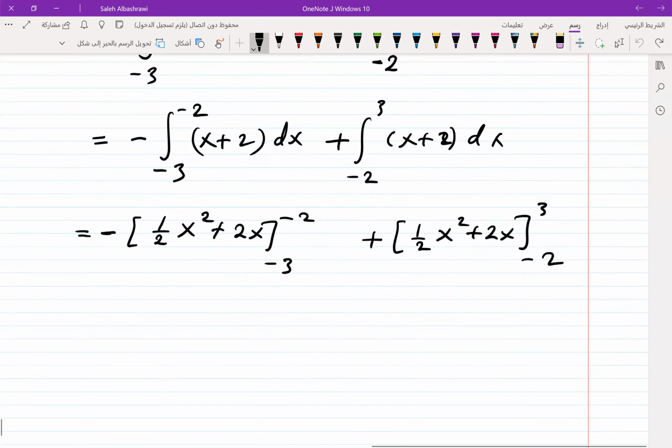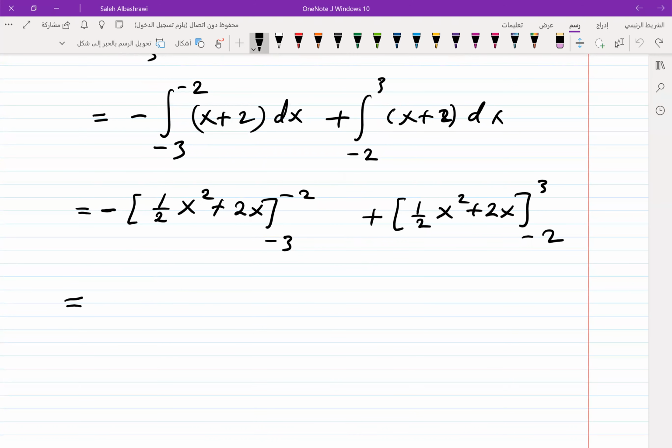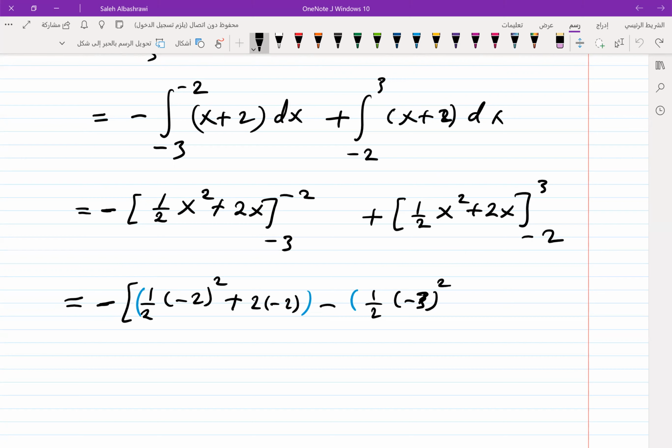Now the value of the first integration, I have the minus outside. Find the value at x equal to minus 2: 1/2 times minus 2 to power 2 plus 2 multiplied by minus 2. This is the value at the upper limit, minus the lower limit, which is 1/2 multiplied by minus 3 to power 2 plus 2 times minus 3.